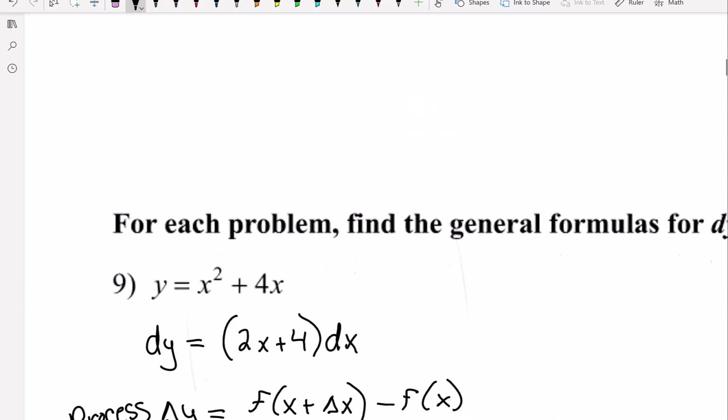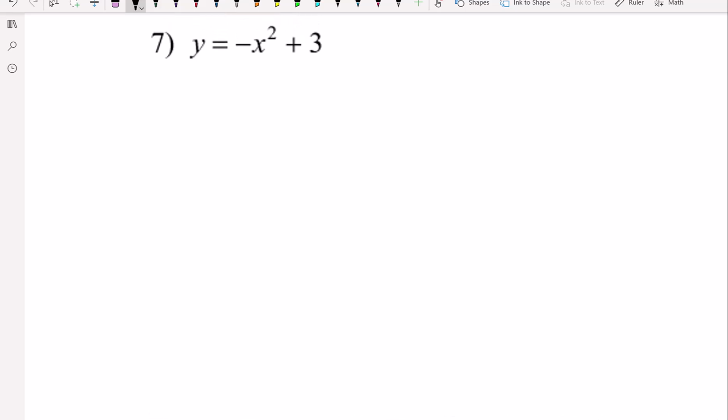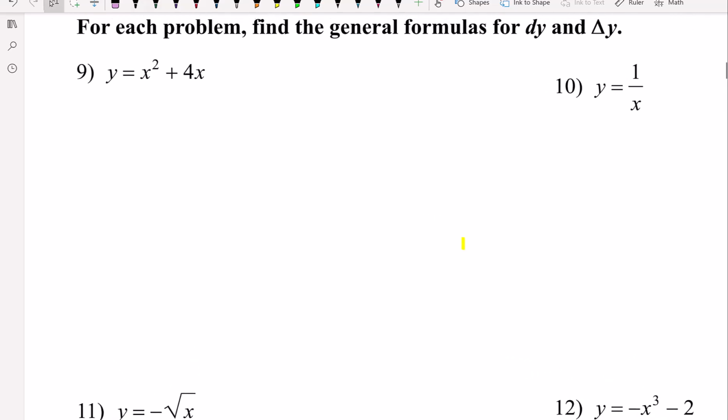Now, okay, for each problem, find the general formulas of dy and delta y.